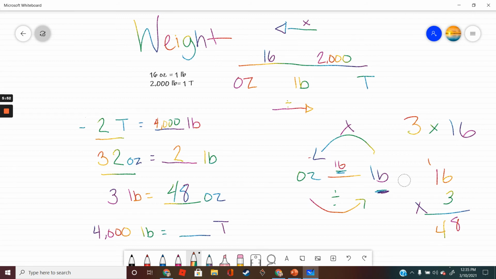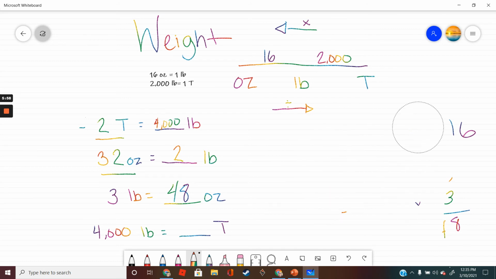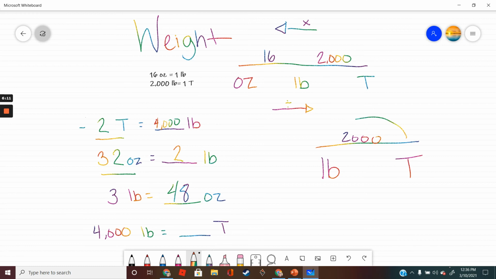And the very last one on this list. Struggling with the erasing. There we go. All right, the last one is our pounds to tons. 2,000's our number. Same thing, multiply, divide. All right, we're starting at pounds, and we have to move to tons, so that means we're going to divide.